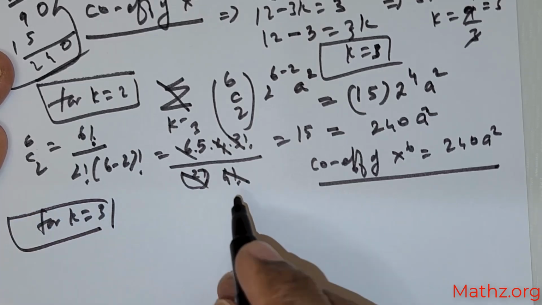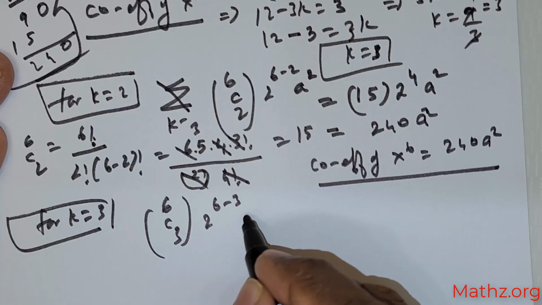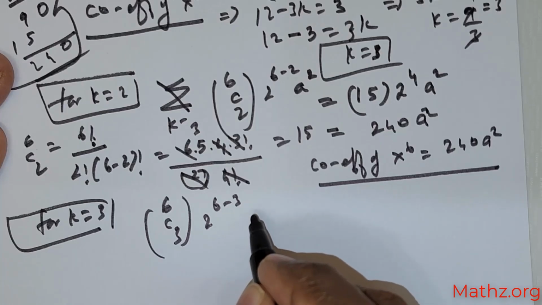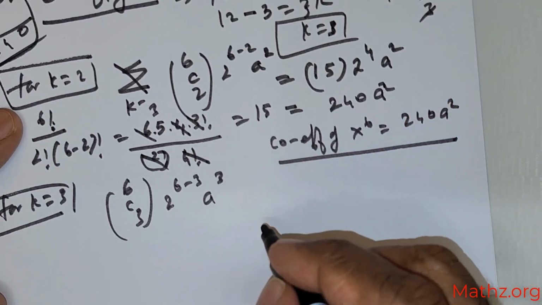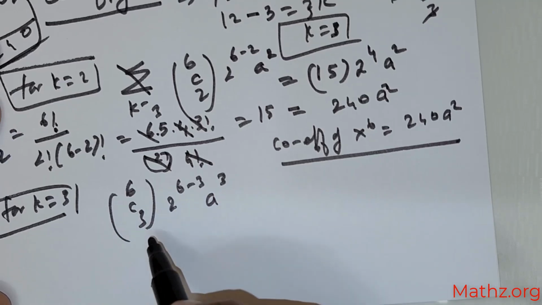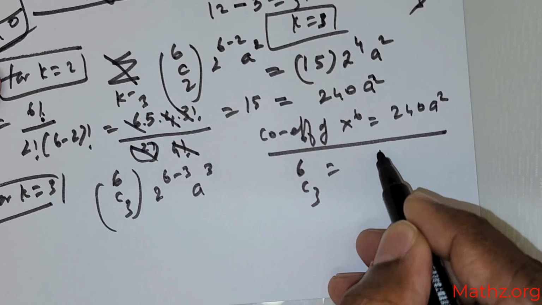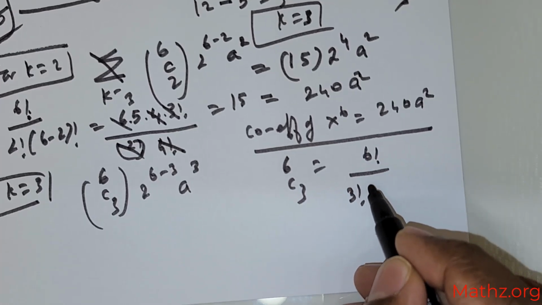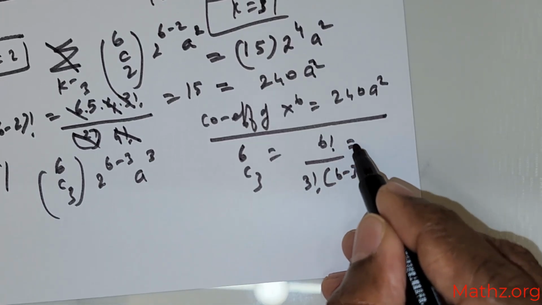Now for k is equal to 3, this is going to be 6c3 times 2 raised to the power of 6 minus 3 times a raised to the power of 3. So we have to evaluate this. 6c3 is nothing but 6 factorial divided by 3 factorial times 6 minus 3 factorial.